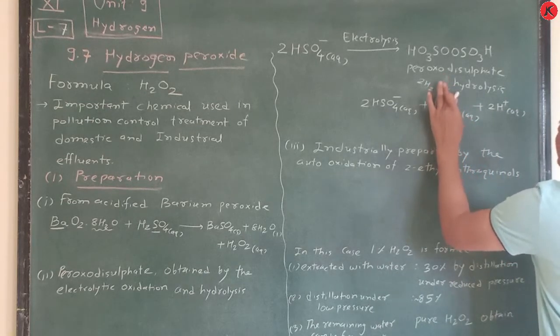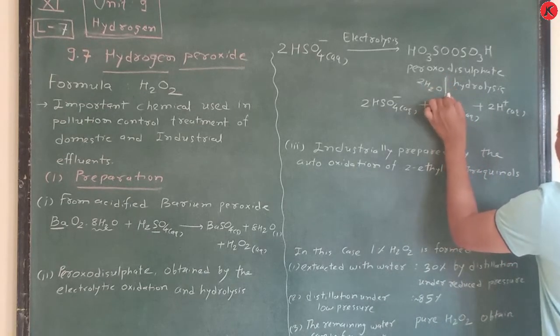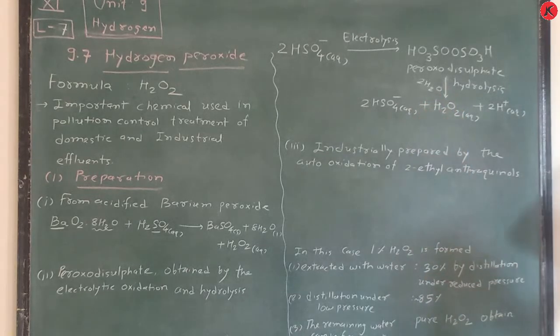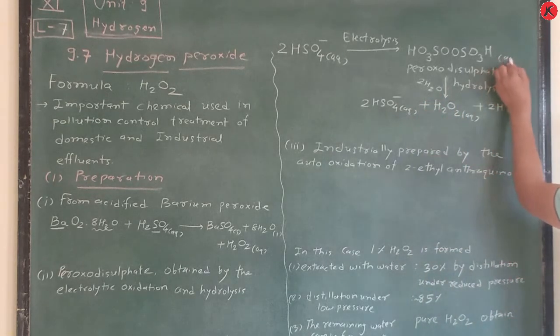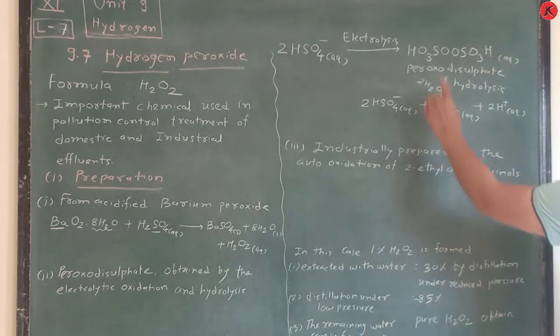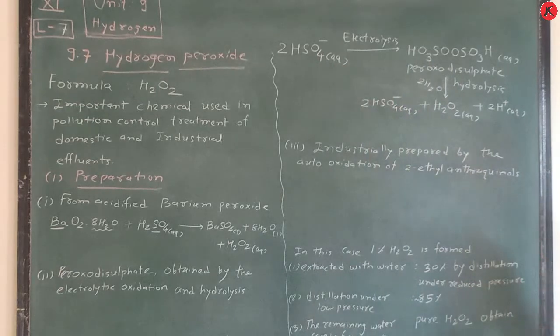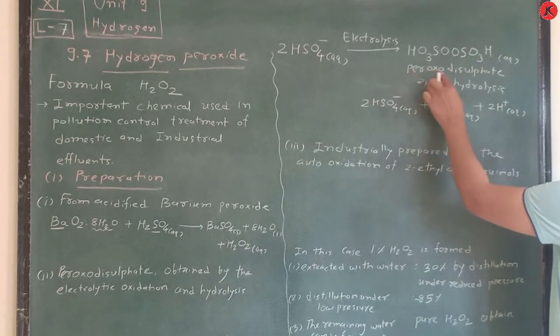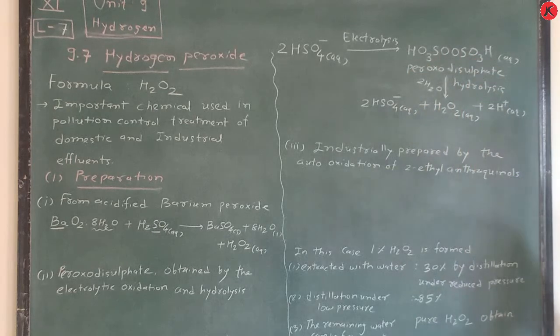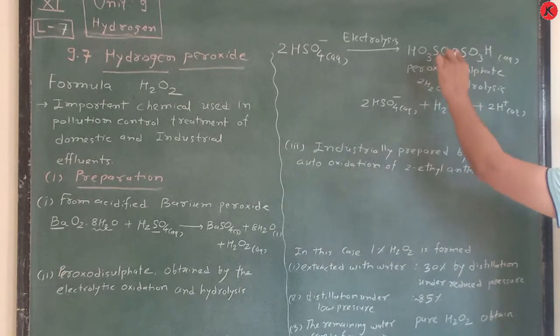This is the reaction, so write it down completely this way. This is the hydrolysis reaction, and it is in aqueous form. You have to write this, it is very important. It is the arrangement of HSO4- once again, and it is known as peroxo because a peroxy linkage is present. This product is peroxodisulfate.